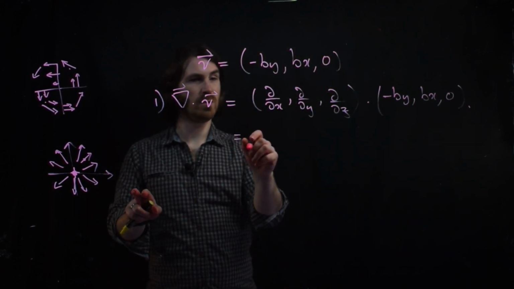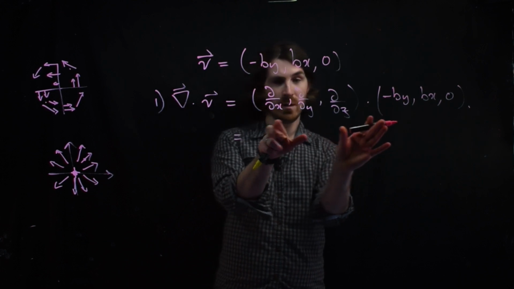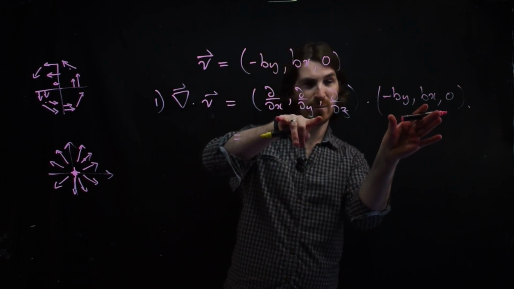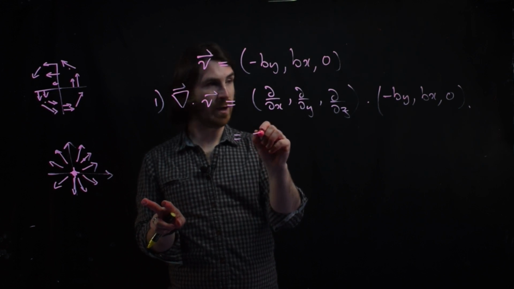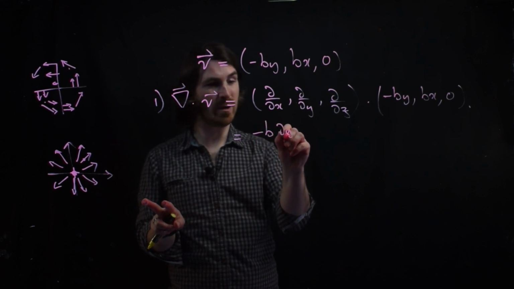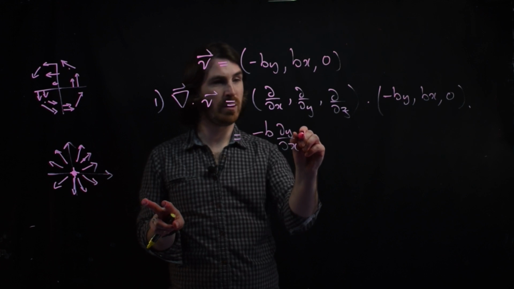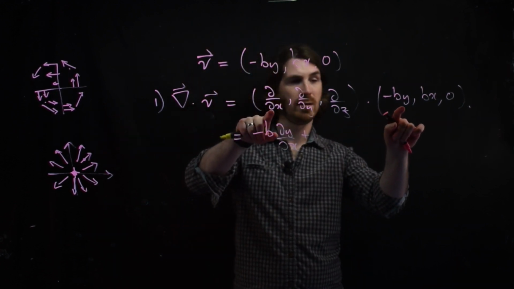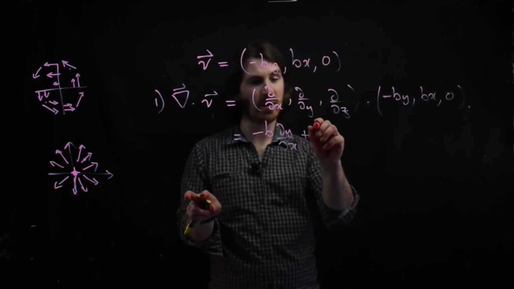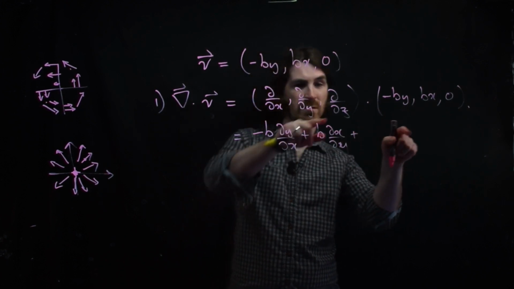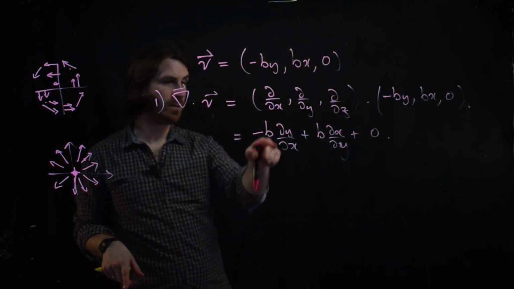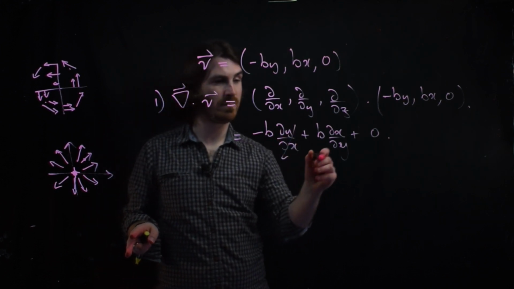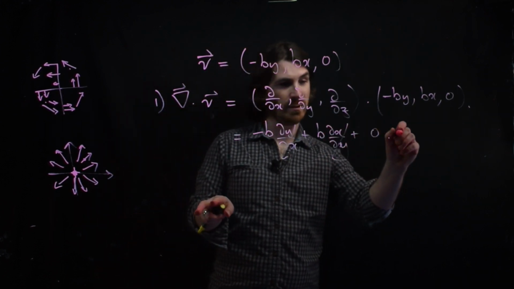It's a dot product, so it's two vectors, and the scalar product is going to give us a number. It gives us -b dy/dx plus b dx/dy plus d/dz times 0. Now dy/dx is 0 and dx/dy is 0, so this is just 0.